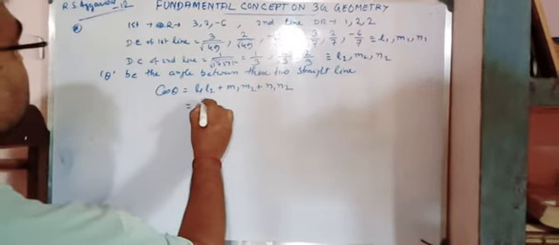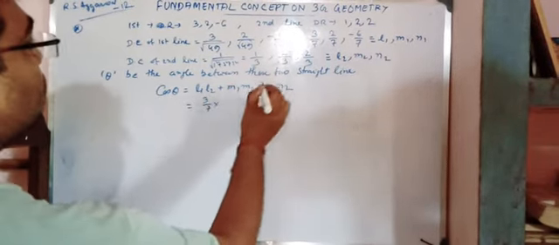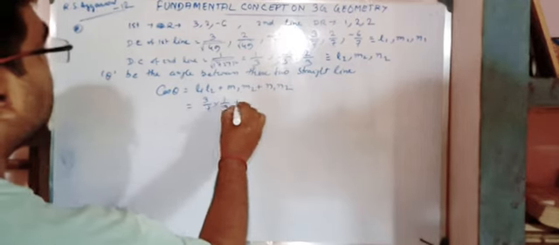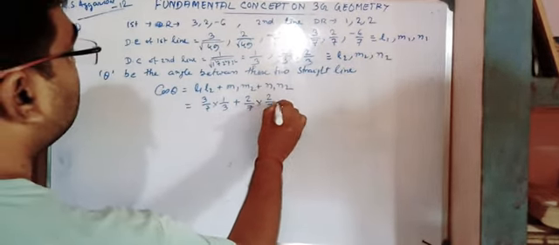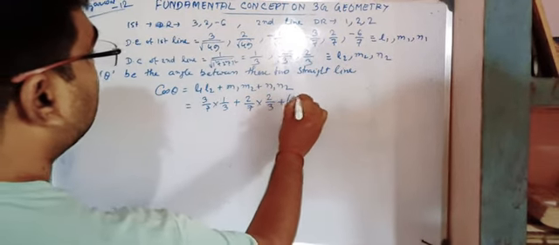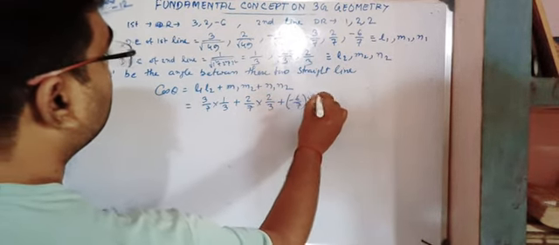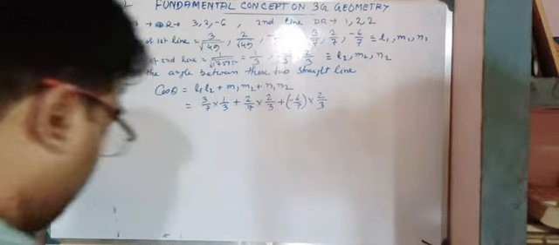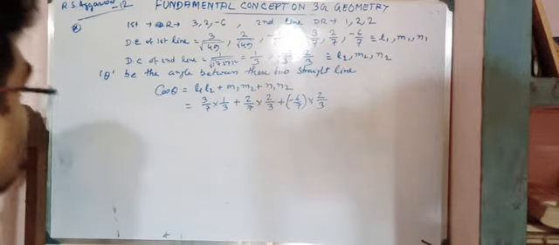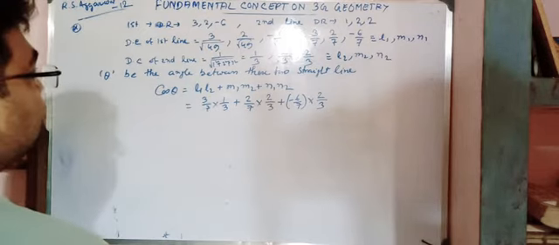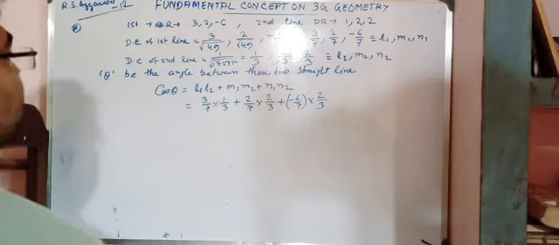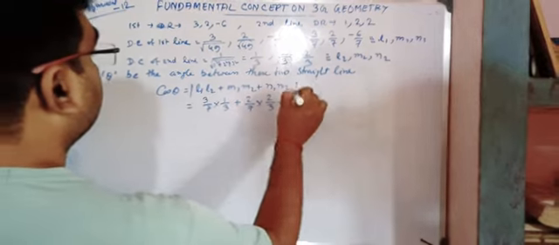That means 3 by 7 into 1 by 3 plus 2 by 7 into 2 by 3 plus minus 6 by 7 into 2 by 3. Understood that? The modulus sign should be there.